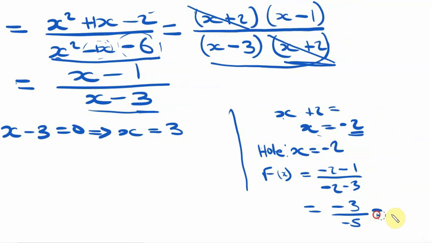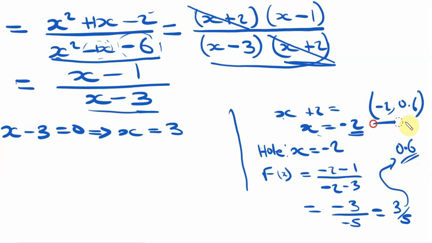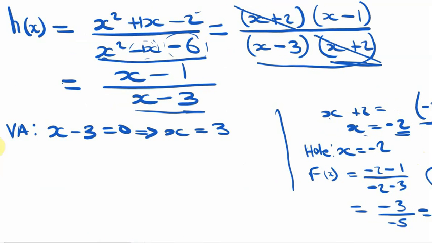So we have 3 over 5, which is 0.6. So there's a hole at minus 2 and 0.6. That's the coordinate of the hole. Cool.